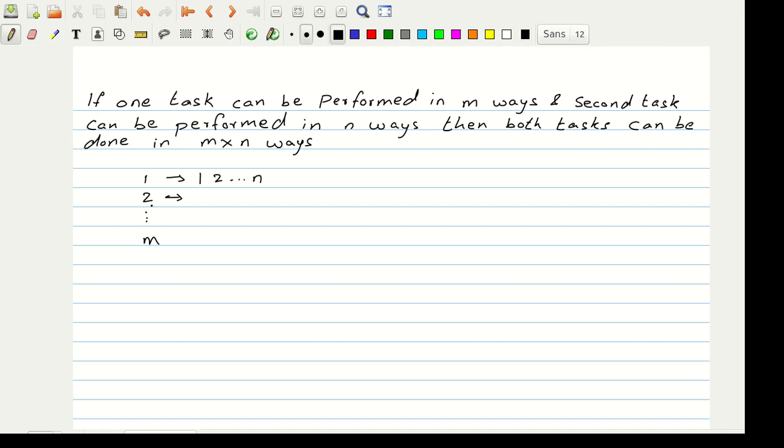Similarly, if we do the first task in the second way, we will again have n ways of doing the second task, and this will go all the way up till m. So for each of the m ways we have n ways, so it will be simply m times n ways, right?